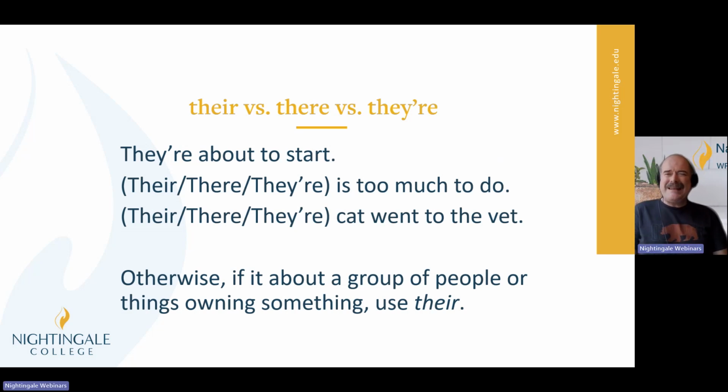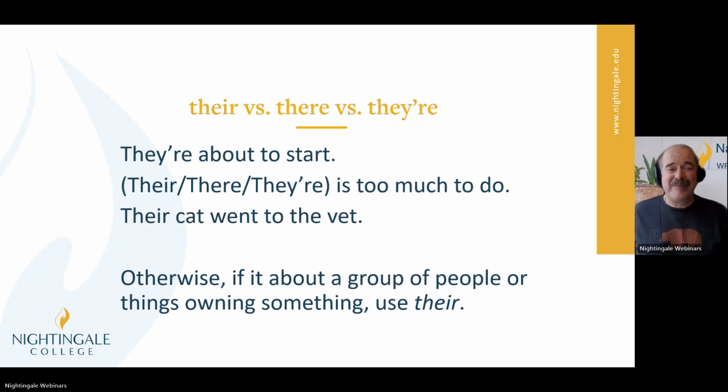Do they own is? You can't own is. Is a verb. So that makes no sense in the first one. Third sentence. Their cat went to the vet. Do they own a cat? Sure sounds like it. And as you can see, we got it there.